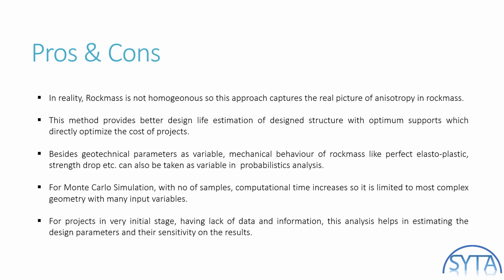And in order to further refine it and make it more holistic, or use it like a thumb rule, we can vary the different parameters, behaviors, or failure mechanisms in order to make it more reliable and refined.